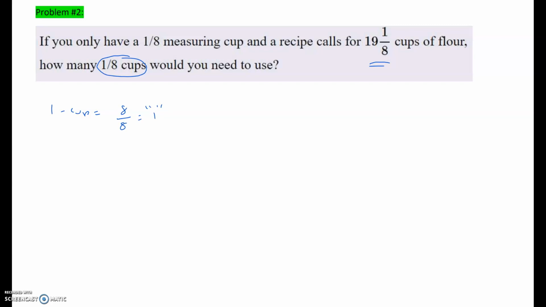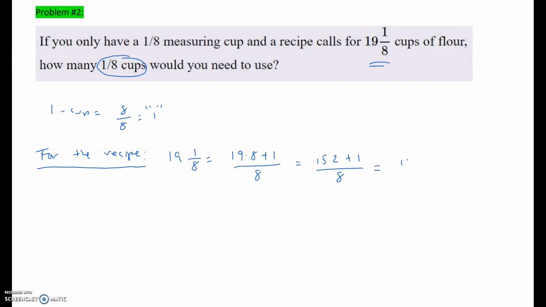So for the actual recipe, you could view this as 19 and 1/8, and the total number of 1/8 cups is going to be the numerator of the improper fraction. So in this case, this will be 19 times 8 plus 1 over 8. 19 times 8 is going to be a 2, you carry 7. You're going to have 15 plus 1 over 8.